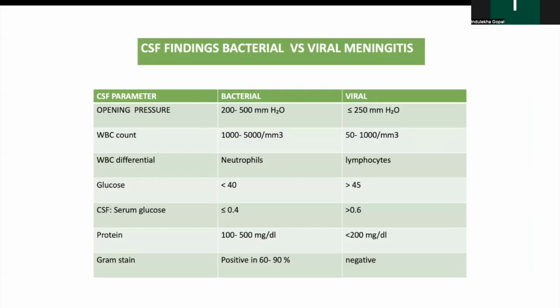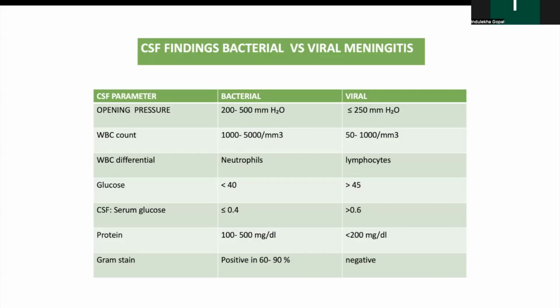WBC differential in bacterial meningitis will be neutrophilic predominance, viral lymphocytes. The glucose will be less than 40 for bacterial, greater than 45 for viral. CSF to serum glucose will be less than or equal to 0.4 in bacterial, greater than 0.6 in viral. Protein 100 to 500 milligram per deciliter, and in viral it will be less than 200.